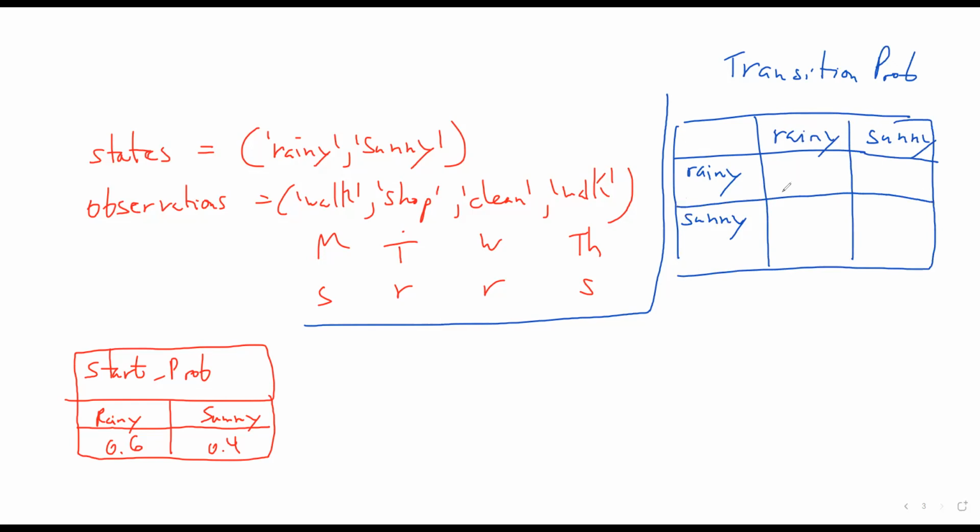So here, for instance, from rainy to rainy, there's a 0.7 probability. From rainy to sunny is 0.3. From sunny to rainy is 0.4, and from sunny to sunny is 0.6. Do you see that? These are the actual probabilities that we will use in our problem.